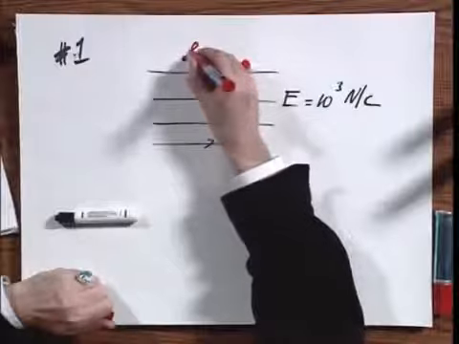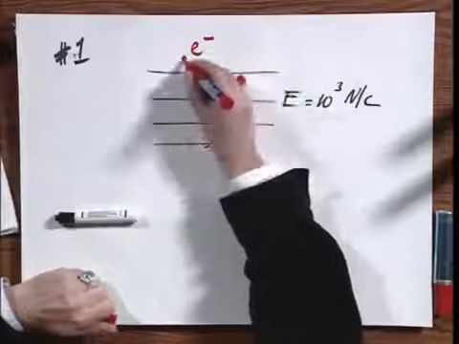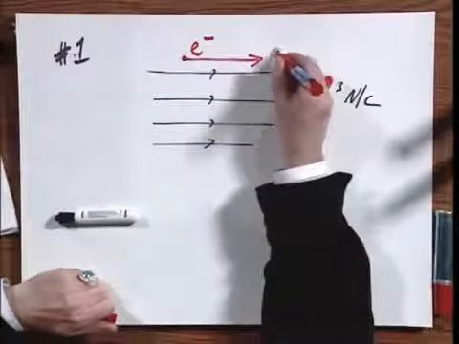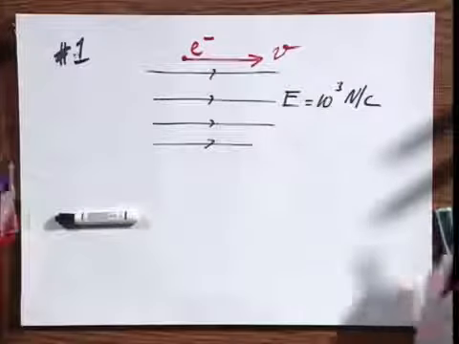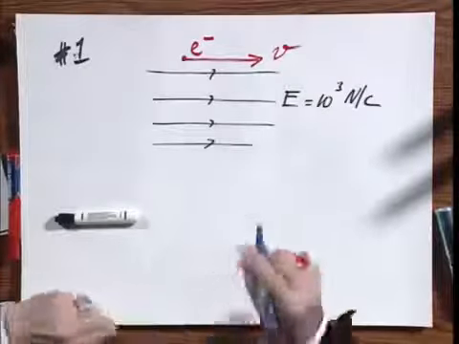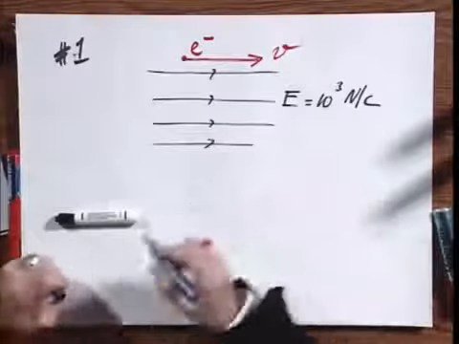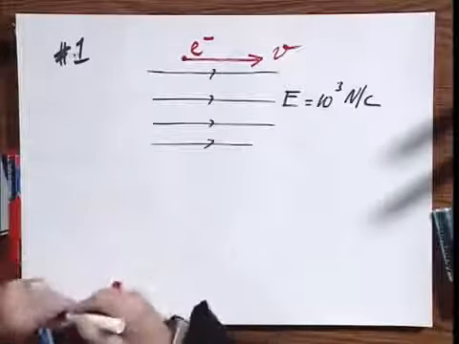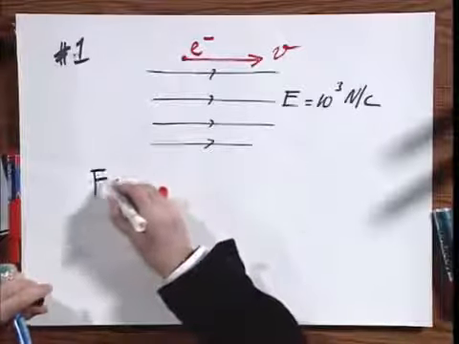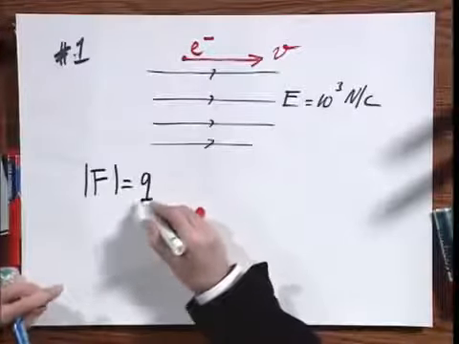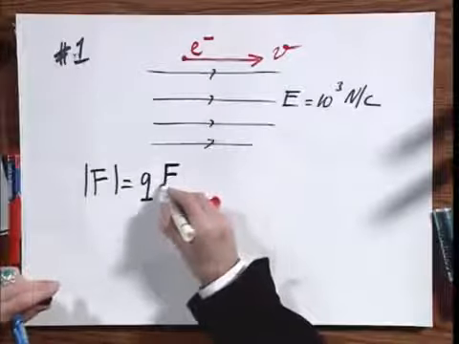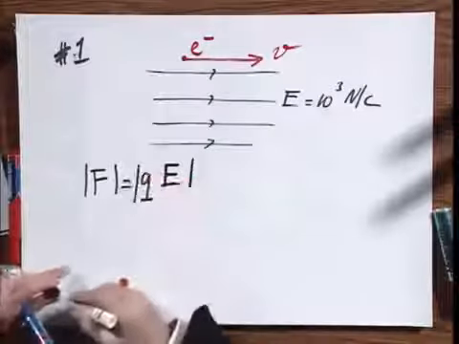somewhere here, E minus. The electron has a certain velocity, a huge velocity. It's about 2.5% of the speed of light. And the force that the electron will experience, F, the magnitude of that force, equals the charge of the electron times the magnitude of the electric field.